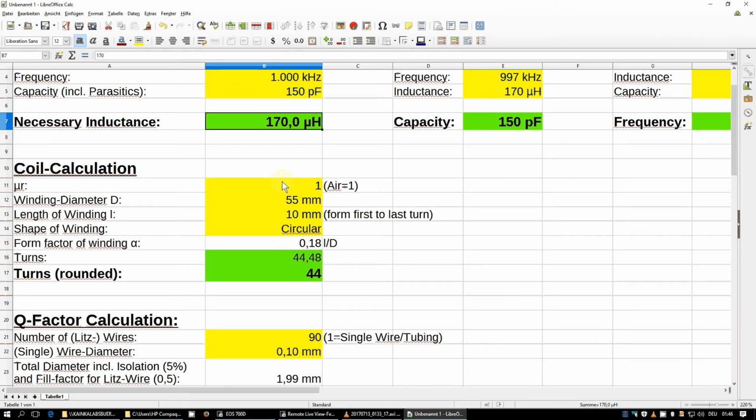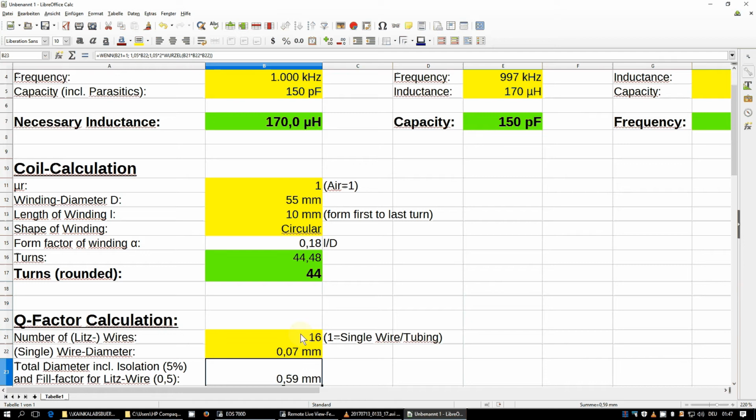So now we try to make a Q factor calculation, but there we have to watch out for some little details. First of all, in the spiral wound coil that I showed you, I used 16 by 0.07 millimeter Litz wire.